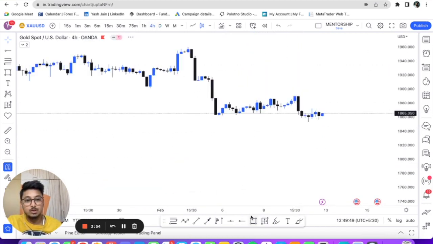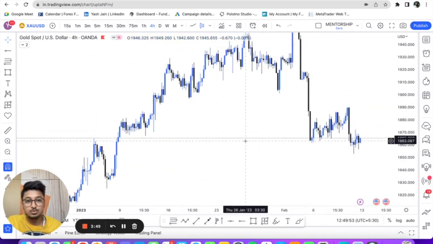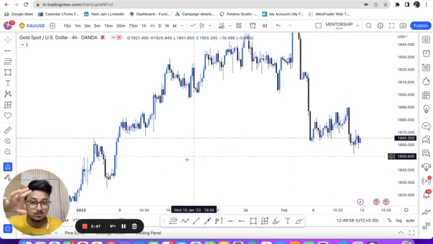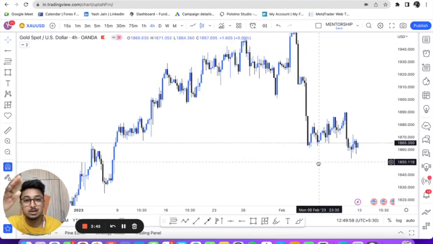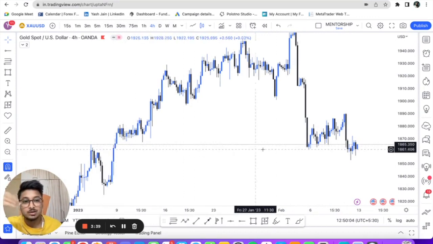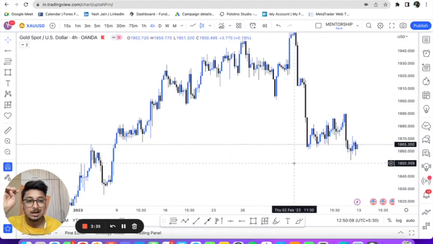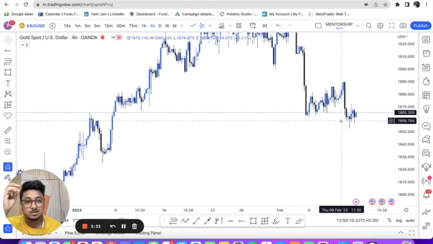So now, technically, if we were very bullish, we were supposed to continue this rally when we tapped into approximately 1860 levels, right? But we are not able to sustain the bullish momentum, and currently I am seeing weakness on gold.